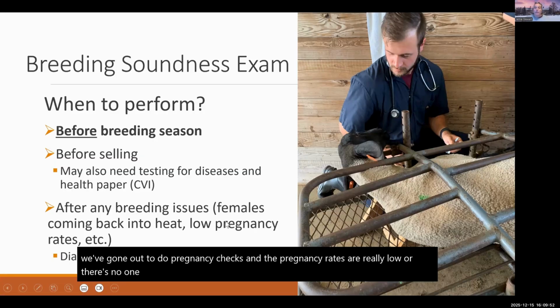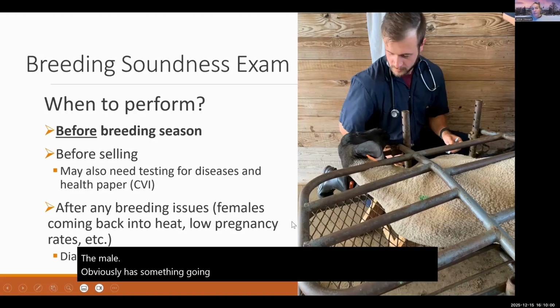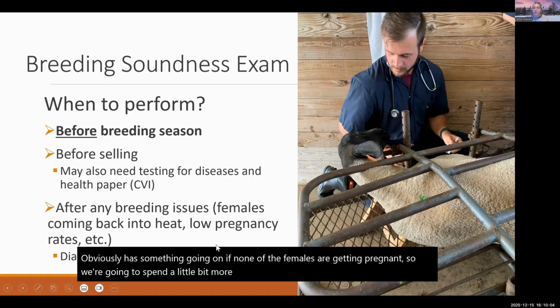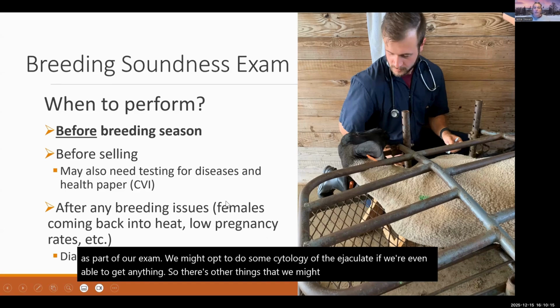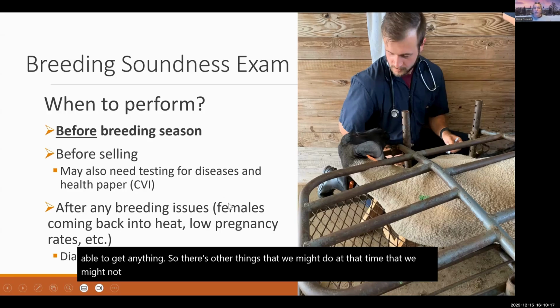This is what we would consider more of a diagnostic exam, because the male obviously has something going on if none of the females are getting pregnant. So we're going to spend a little bit more time. We might use things like ultrasonography as part of our exam. We might opt to do some cytology of the ejaculate if we're even able to get anything. So there's other things that we might do at that time that we might not do at any of the other exams.